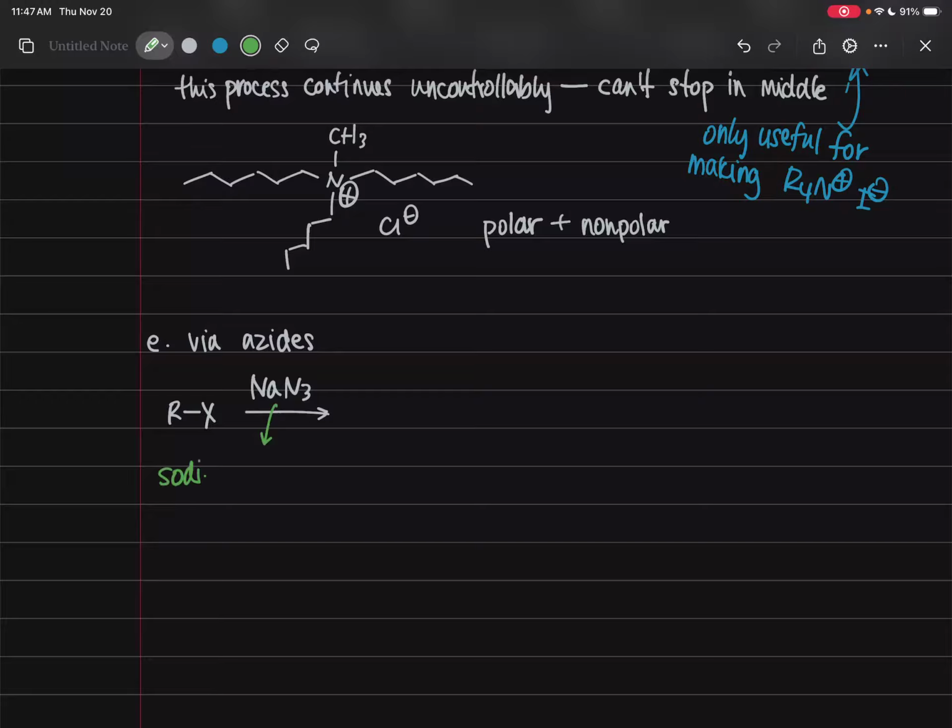NaN3 is sodium azide. So it's Na plus, and then the azide ion, which is N3 minus. Looks like that. Kind of cursed.